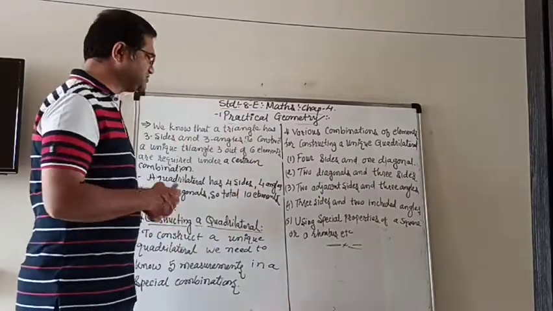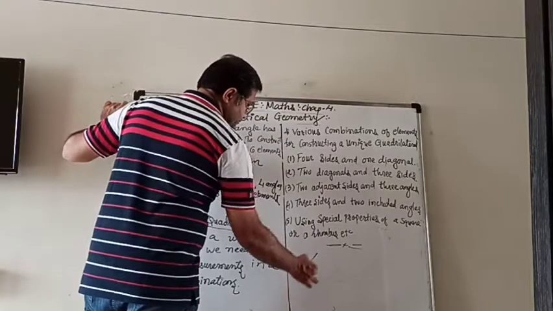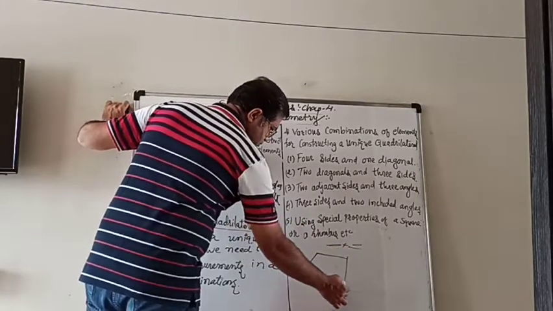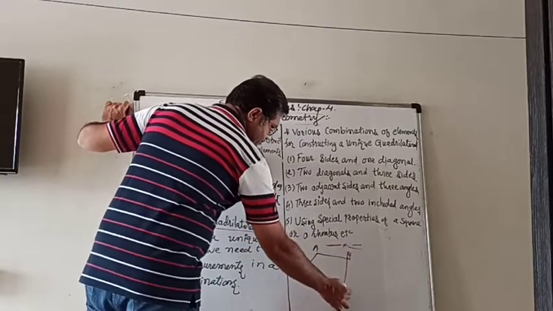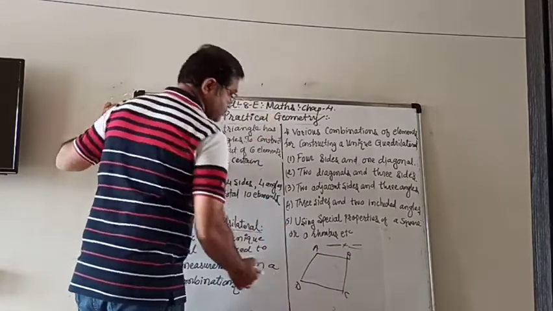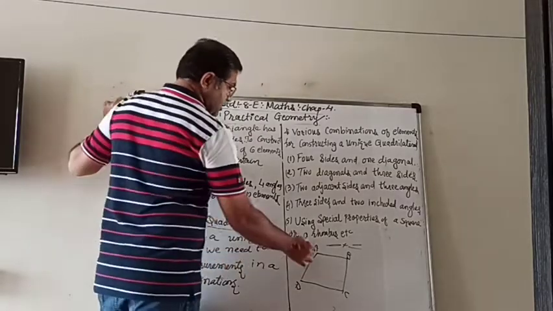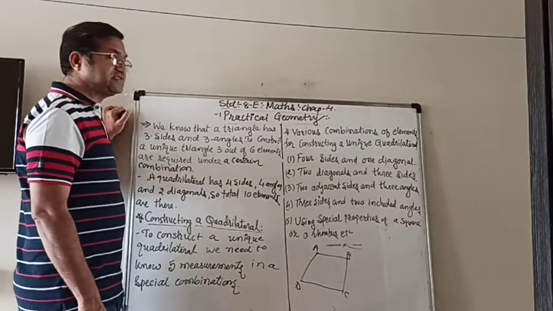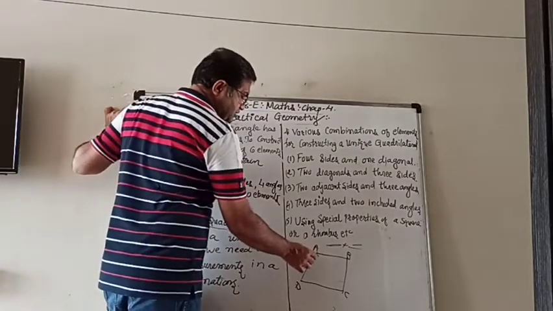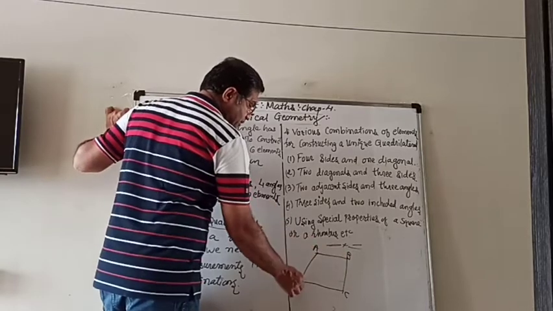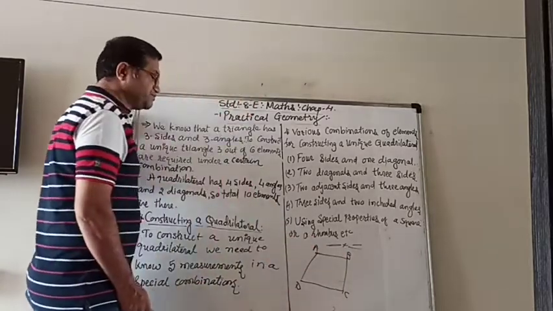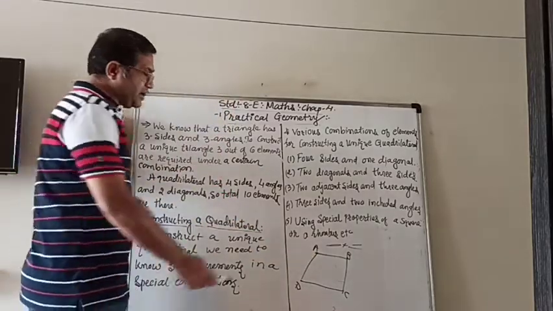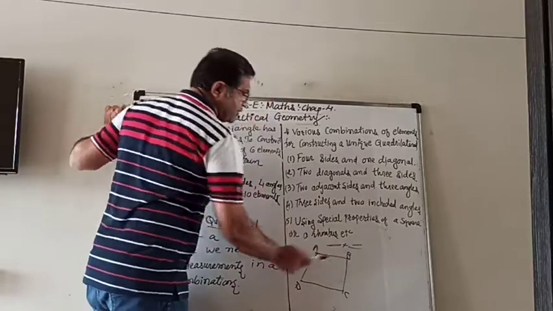You know what is adjacent side? Suppose this is a quadrilateral. Say A, B, C, D. In which the sides which have a common vertex are known as adjacent sides. Here you can see that line segment AB and line segment AD have common vertex A. So these two are called adjacent sides. Similarly, AB and BC also have a common vertex.